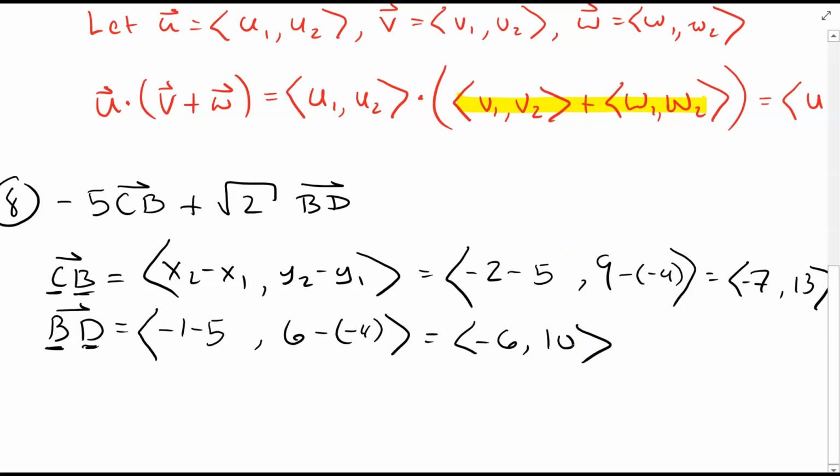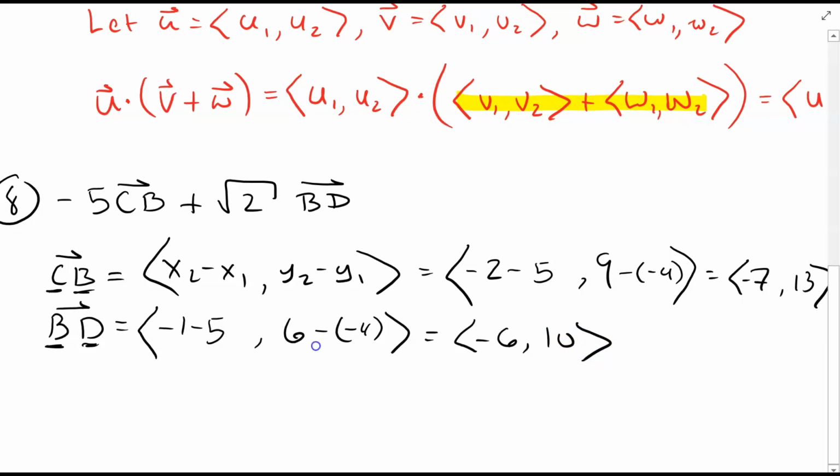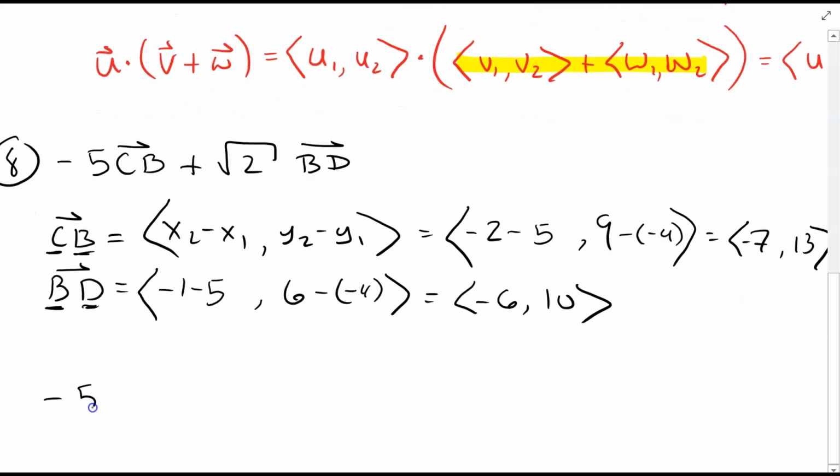So I have that. Okay. So now if I plug these back in, well, it asks for the component form. Well, I guess it wants the magnitude of the vector. Okay, never mind. So that's fine.